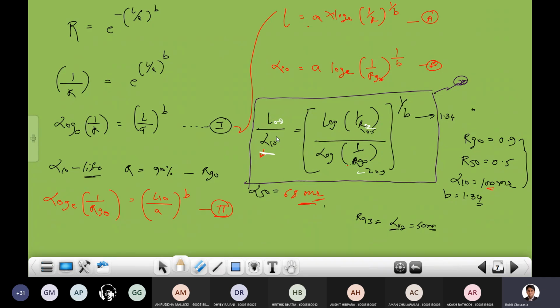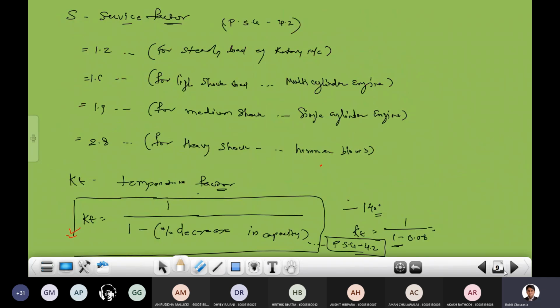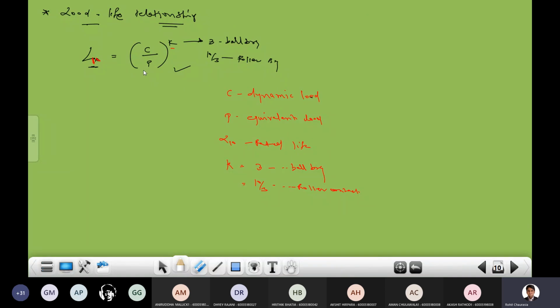तो मैं फोकस टू कैलकुलेट द L10, because this is the one formula where we can find out the life L08, that is nothing but the reliability of 92%. Okay, if reliability is 92%, life will be L08. So basically I want to calculate the L08. तो L08 के लिए we must know the L10. तो L10 के लिए if you know this P का value, C already we know because we already have the bearing number.